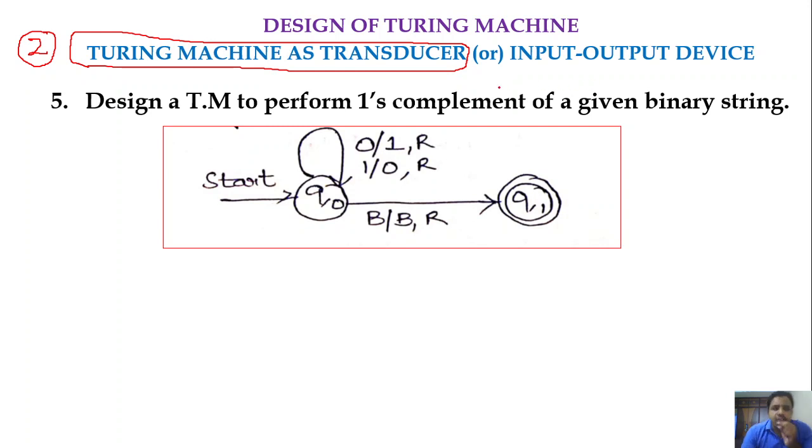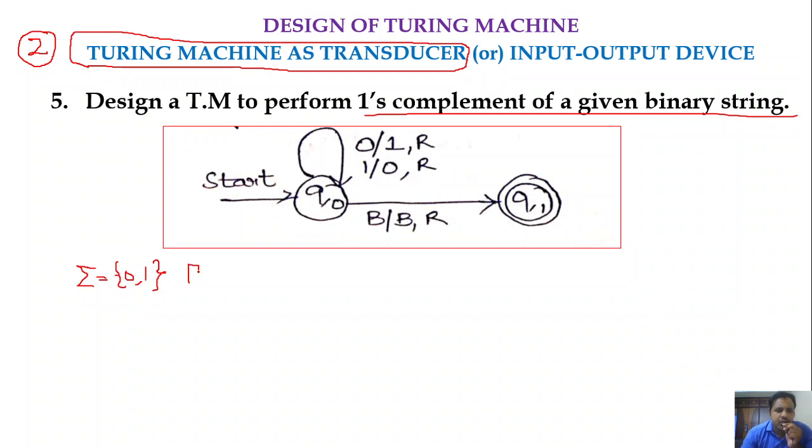Here the question is to design a Turing machine to perform one's complement of a given binary string. First thing, given a binary string, what could be the sigma? Binary consists of zeros and ones, so the alphabet set sigma is equal to 0 comma 1.